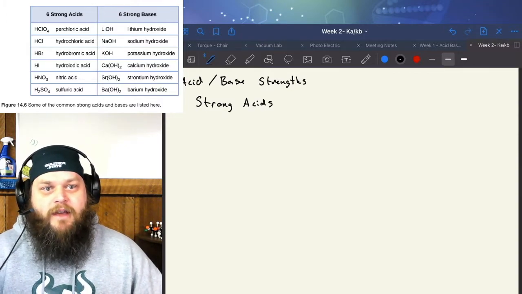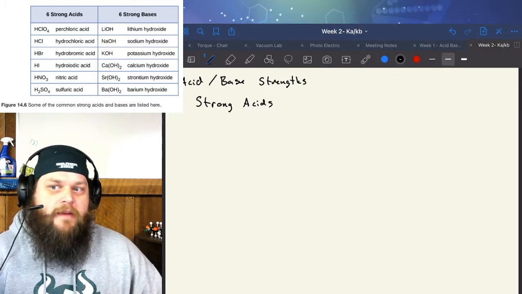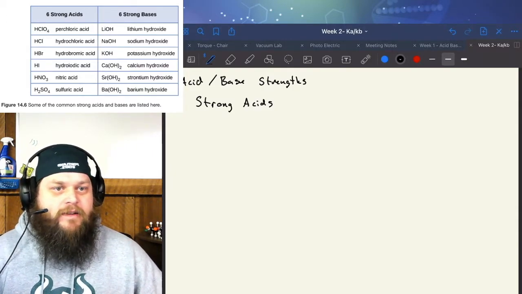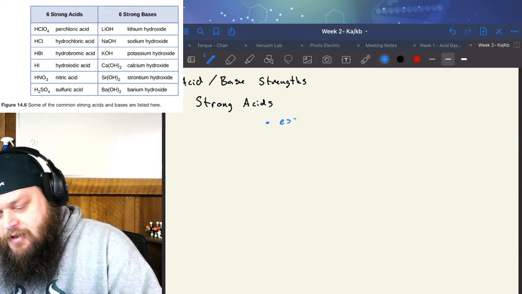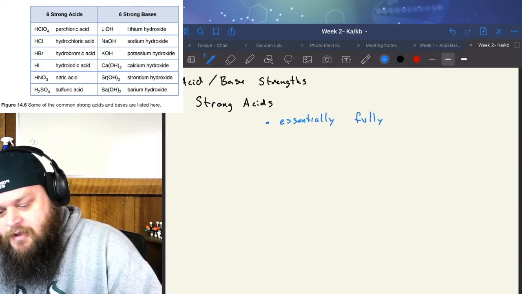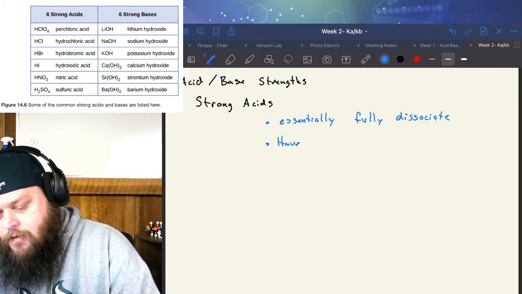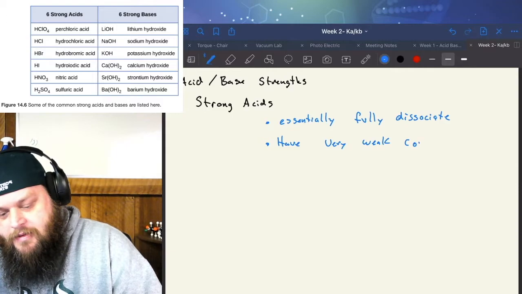Strong acids basically have a very, very weak conjugate base, which means the conjugate base is incredibly happy being negatively charged or just being in that basic form. So we can say strong acids essentially fully dissociate and they have very weak conjugate base.